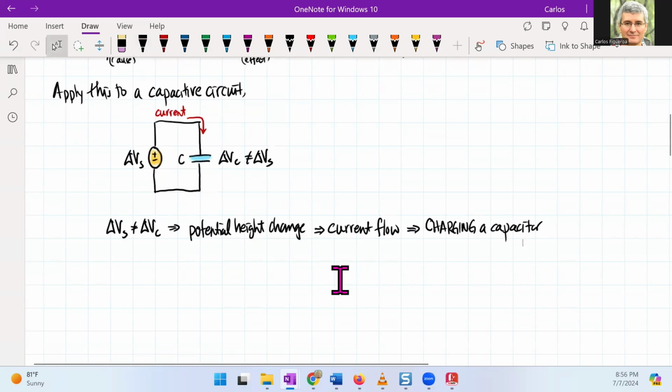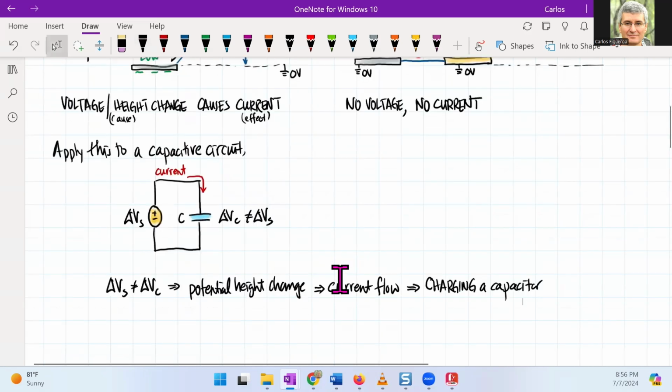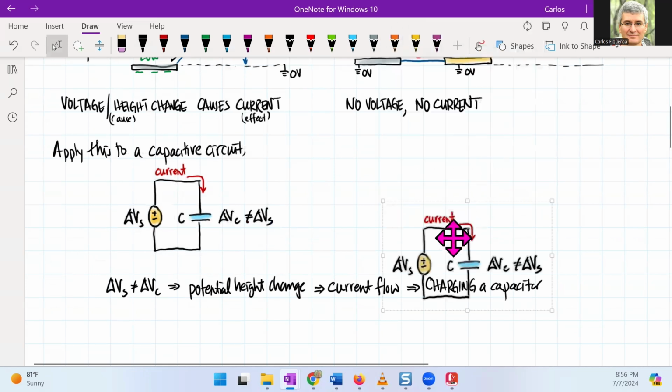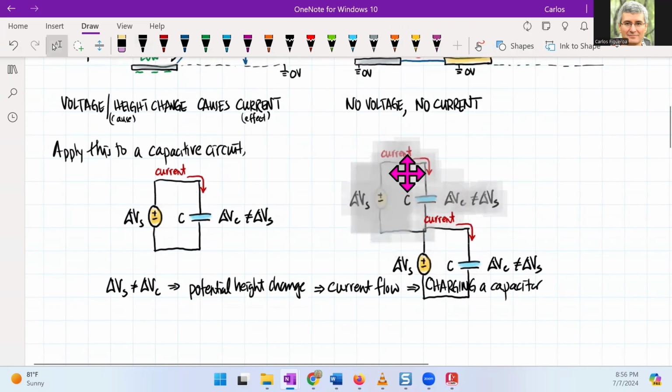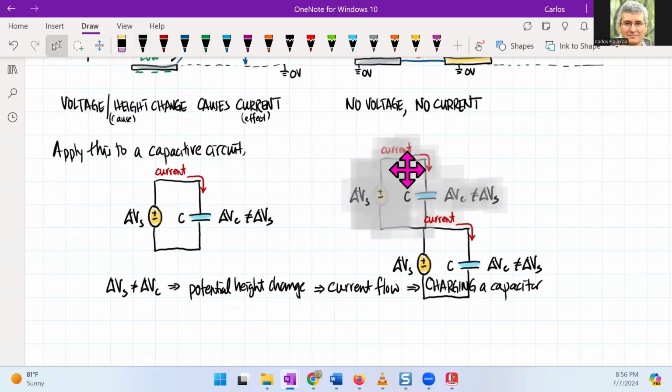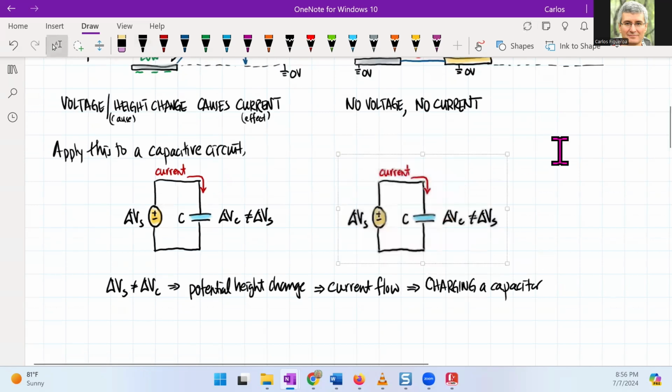On the other hand, if I have this exact same circuit here, okay, so now I'm going to look at this scenario here, but this time it's changed.